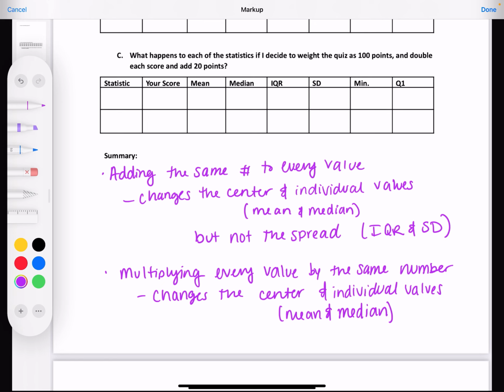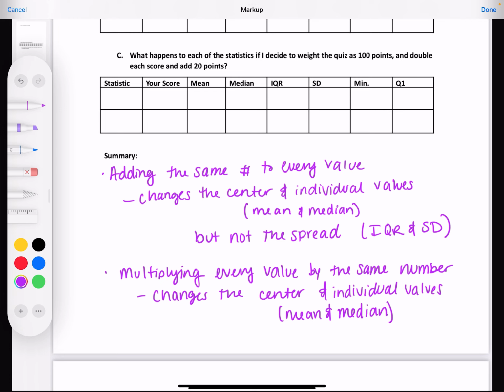So if we're going to take the 40-point quiz and make it out of 120 points, you multiply everything by 3. Your mean, median, all that stuff.